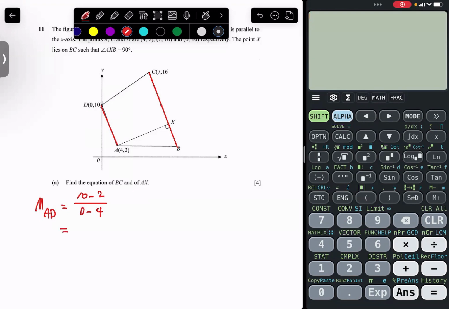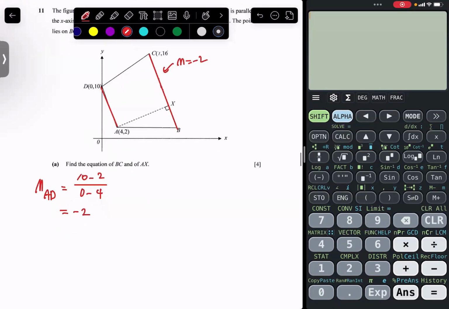So it's 8 over negative 4, which is negative 2. Therefore, this gradient is equal to negative 2. Okay, so we can use the shortcut to find the equation of the line. The formula is y minus y1 equals m bracket x minus x1.